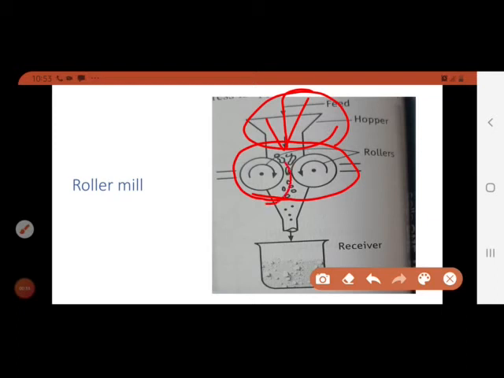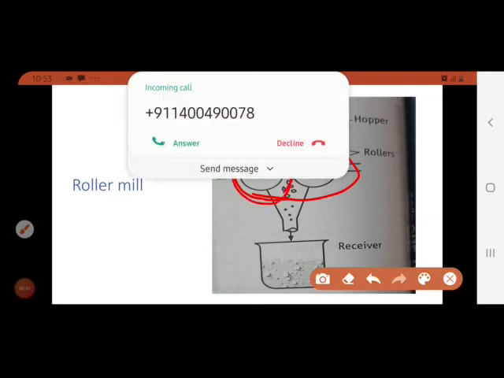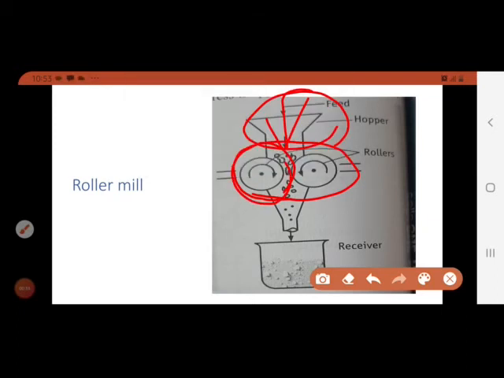One wheel is allowed to rotate, and the other wheel runs freely. At the bottom there is a reservoir.